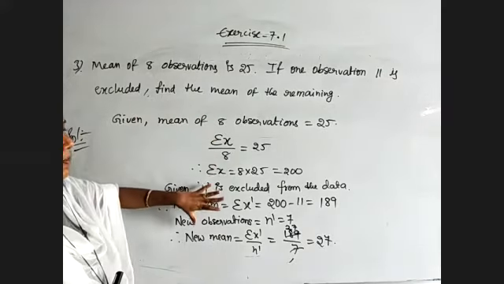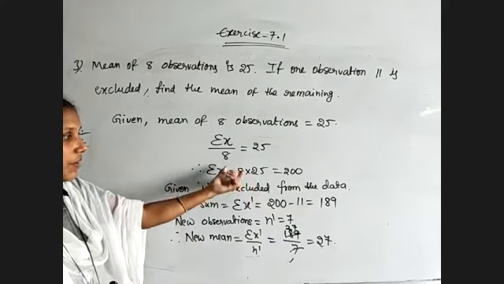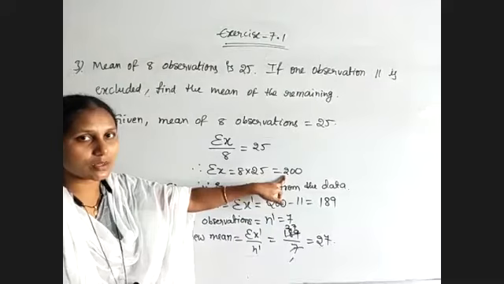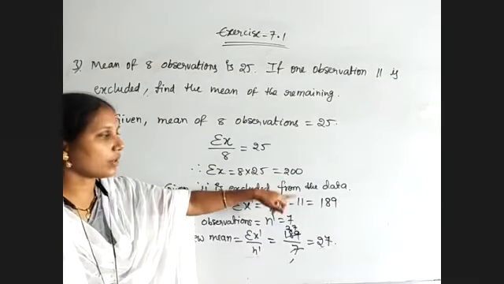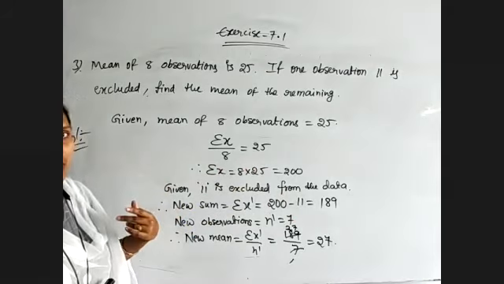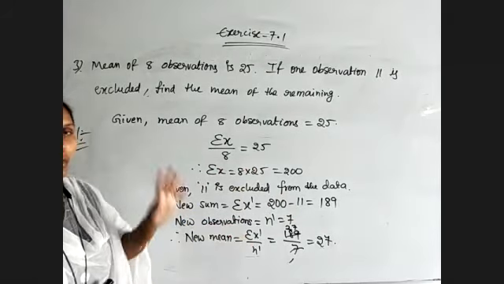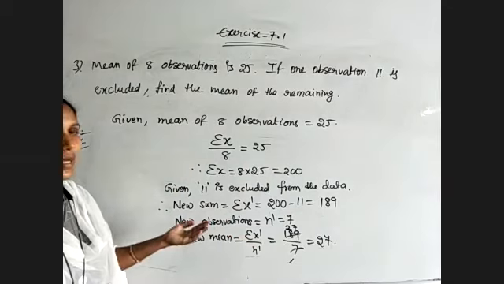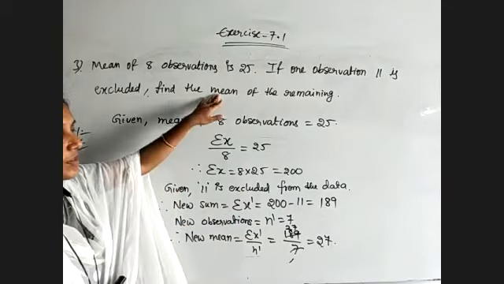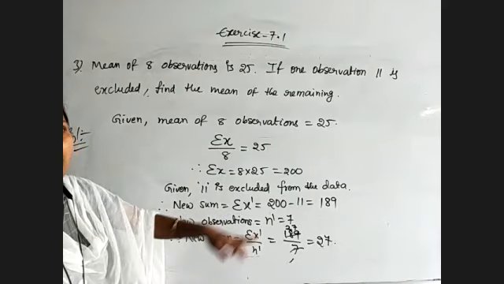So subtract 11 from the sum of 8 observations. We got 200. So subtract 11 from 200, we will get 189. That 189 is the sum of the remaining 7 observations. And the number of observations is 7. Why? Because one observation we are removing. So the new mean will be equal to the sum of 7 observations by 7. That is 189 by 7, which is equal to 27.